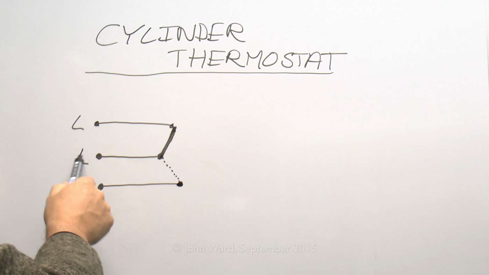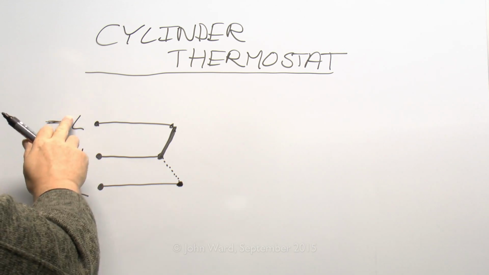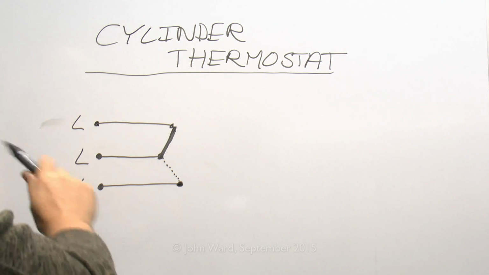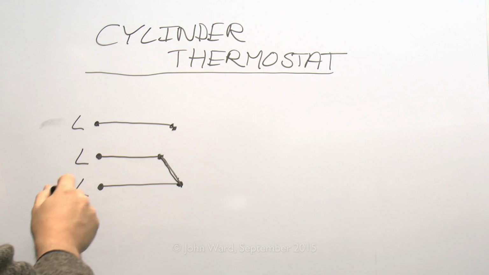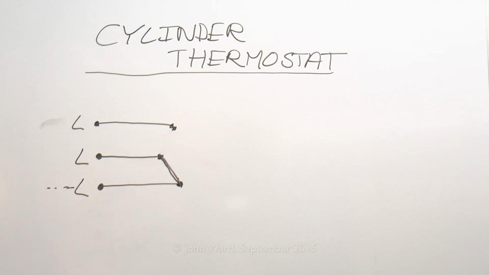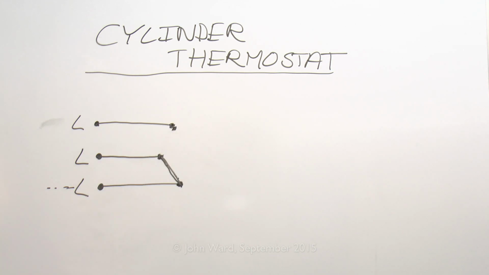So in one case this one will have the line coming out on it, and then in the other case, say when the water is actually heated up, it will switch over to this one here, and then your line will come out on this terminal. This is called a changeover switch because it does change it over from one position to the other.